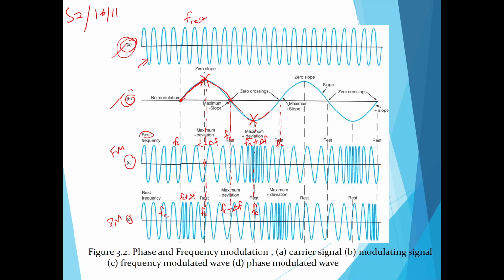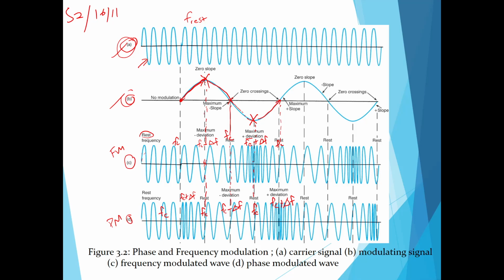Then the modulating signal moves towards another zero crossing, this time from negative to positive, and the carrier frequency would be at maximum, Fc plus delta F, and so on.